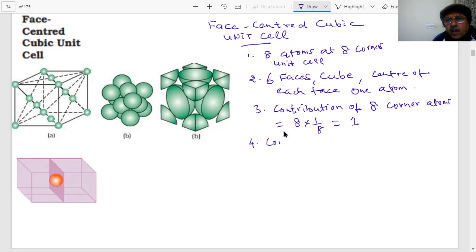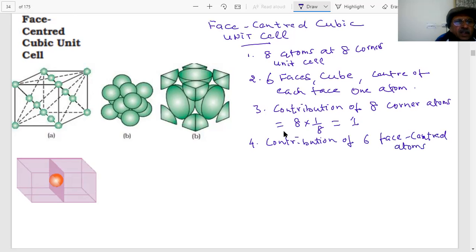What is the contribution of the atoms at the center of each face? What is the contribution of atom, students? What is the contribution of 6 face-centered atoms?